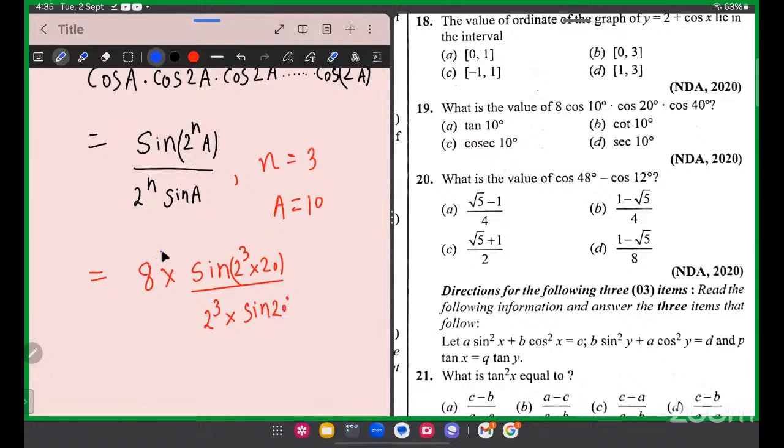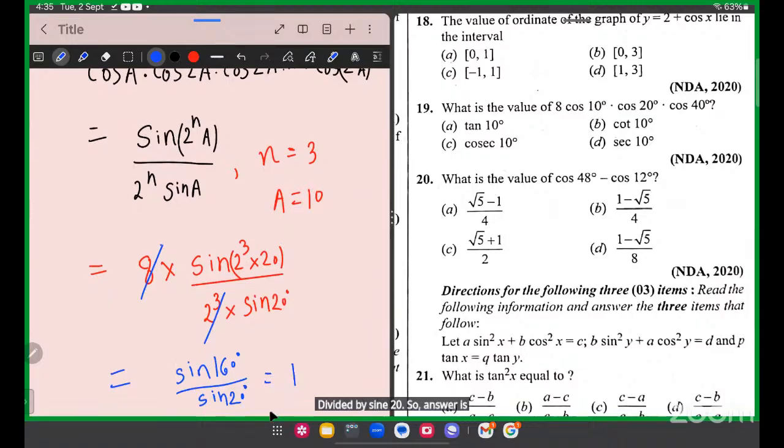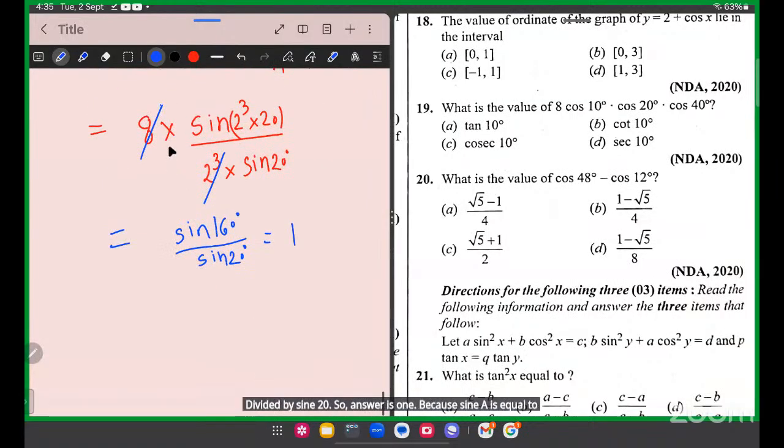So this 8 and this 8 will get cancelled. So we are left with sine 160 divided by sine 20. So the answer is 1 because sine A is equal to sine B if A plus B is 180.